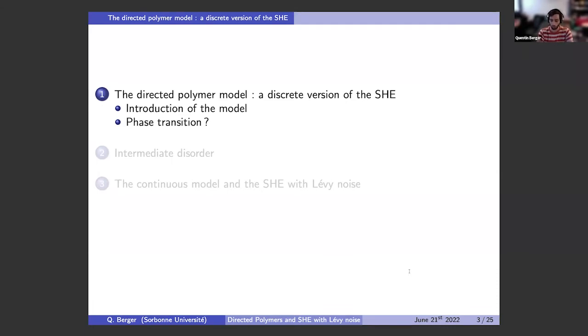If you have something that converges, you can hope to say the limit will be the solution of the equation. The directed polymer model is, in a sense, doing that by discretizing time and space. But it's also a model of interest on its own.